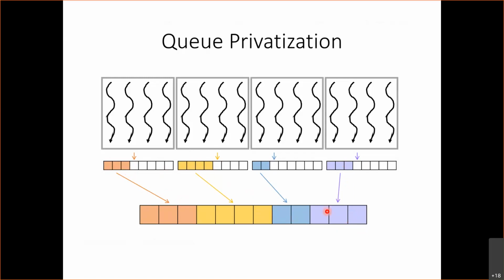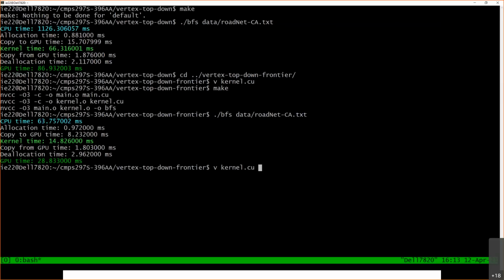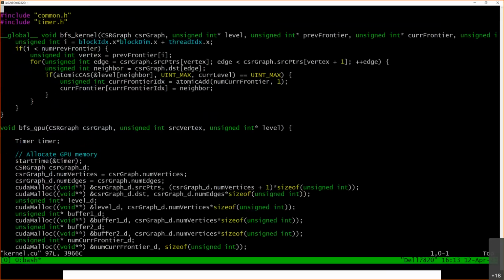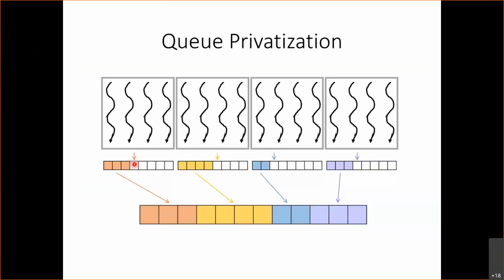Okay, so then let's go and implement this optimization. I'm going to go back to my code. Now what I want to do is create local queues for each block, and I'm going to create these local queues in shared memory. I also need a counter that tracks where I am in these local queues.